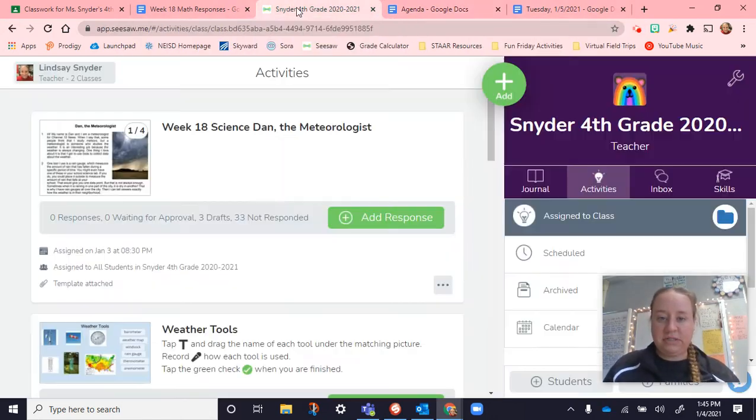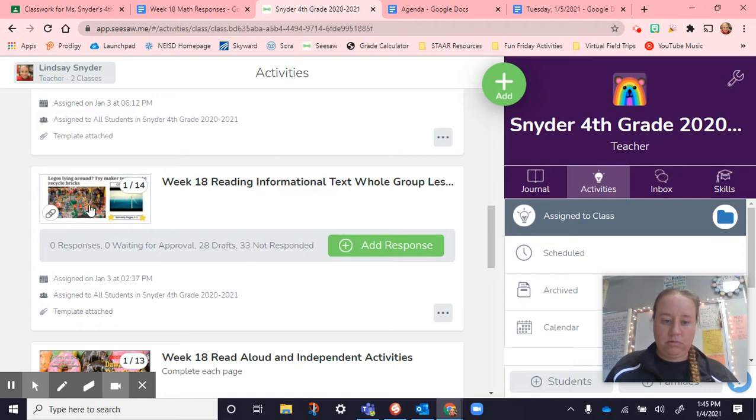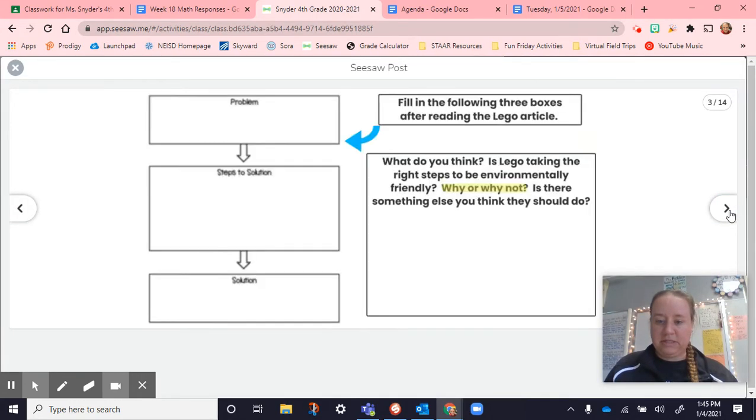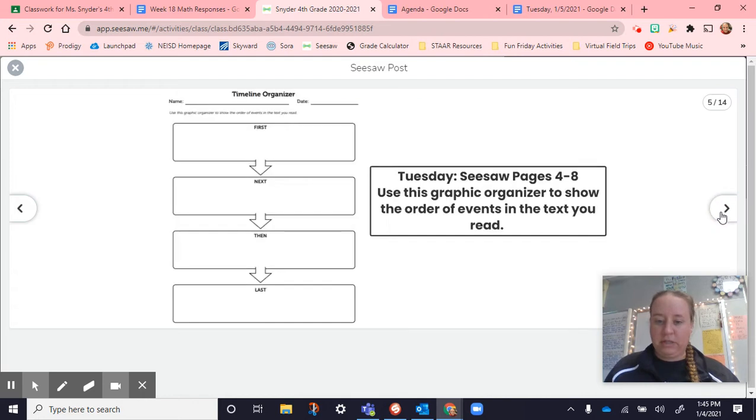So if you go over to Seesaw and you open up your reading, this is the story we did today, so we're on page 4. The title is A Gecko, No Kidding, Placed Phone Calls from Hawaii Animal Hospital. You're going to use this graphic organizer to make a timeline of the events that happened.